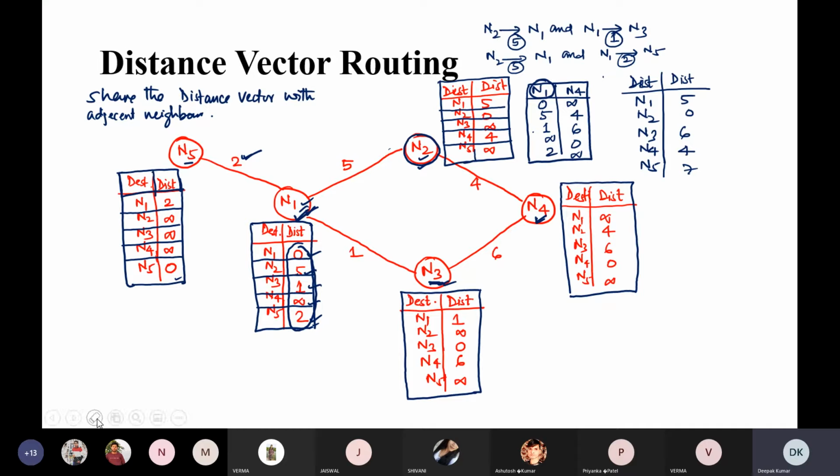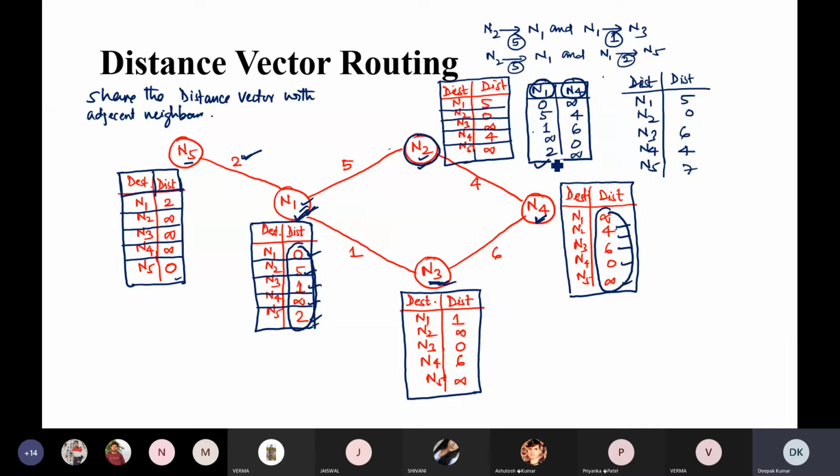In a similar way, here N4: infinity, 4, 6, 0 and infinity. This vector will be shared by N4 to N2. N4 will share this information with N2, that is infinity, 4, 6, 0, infinity.